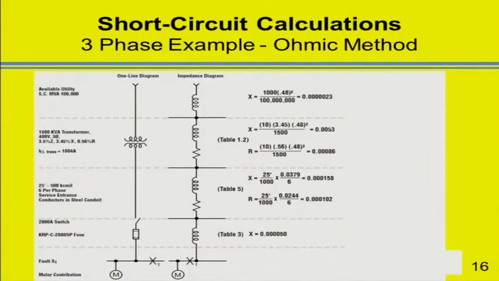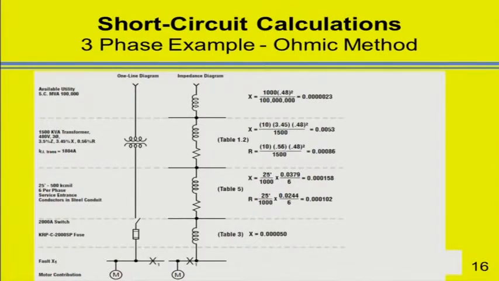And then this is the base number that's used for the calculation, 100 million. And when we do the calculation for that input, we find out 0.000023 inductive reactance. That's pretty small. Not a lot of resistance to the flow of current. But we have to do that then for each of these components and complete the calculations.